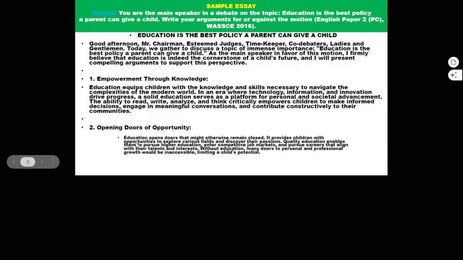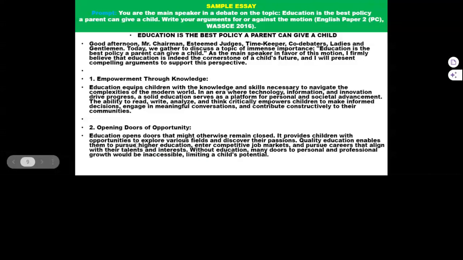Opening doors of opportunity. Education opens doors that might otherwise remain closed. It provides children with opportunities to explore various fields and discover their passions. Quality education enables them to pursue higher education, enter competitive job markets, and pursue careers that align with their talents and interests.